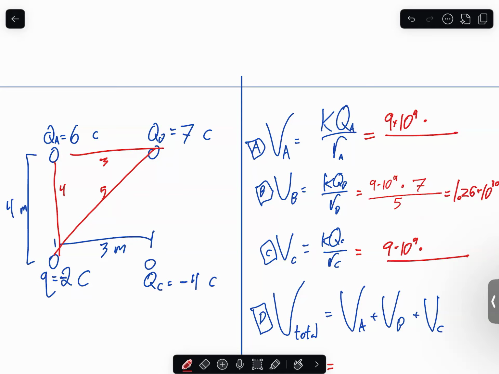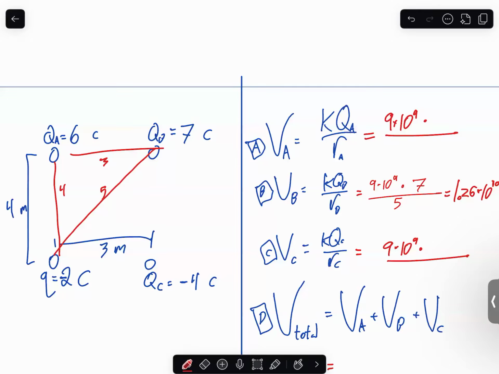Hey, what about the source test charge? Why didn't we use -2? Why didn't I use the -2 coulombs feeling this? I'm not asking for anything about the test charge. Voltage only has to do with sources of electricity.